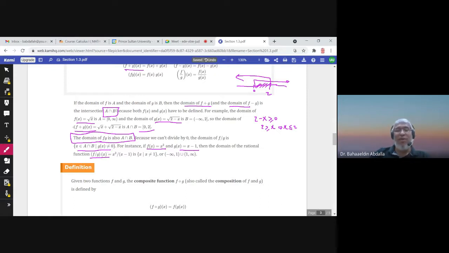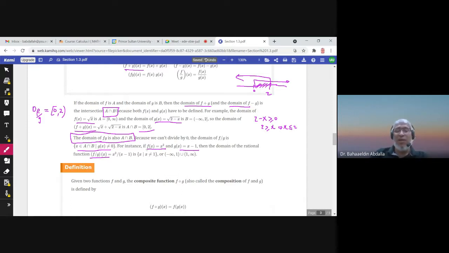So for example, here the domain of f plus g would be 0 to 2, similar to this, but we have to remove the zeros of g. Where is g? This is g. What makes g 0? The 2. So the domain of f over g in this question would be from 0 to 2 open. Okay? Because 2 is not accepted now. It's not in the domain of f over g.